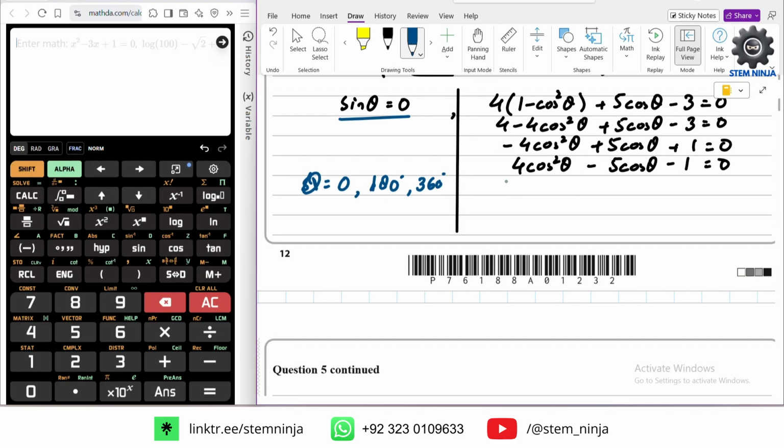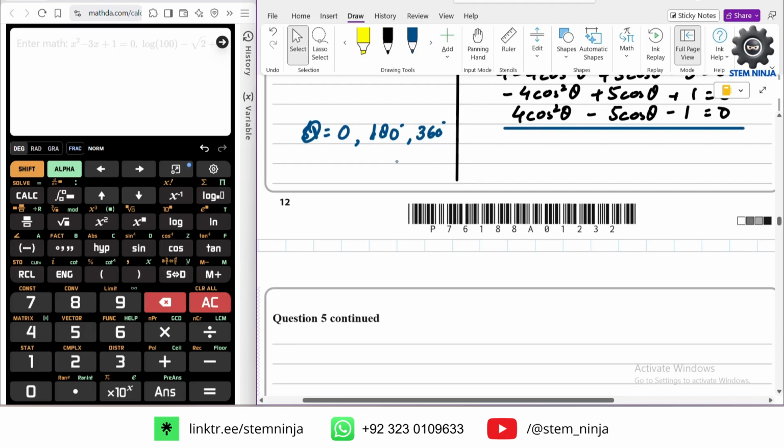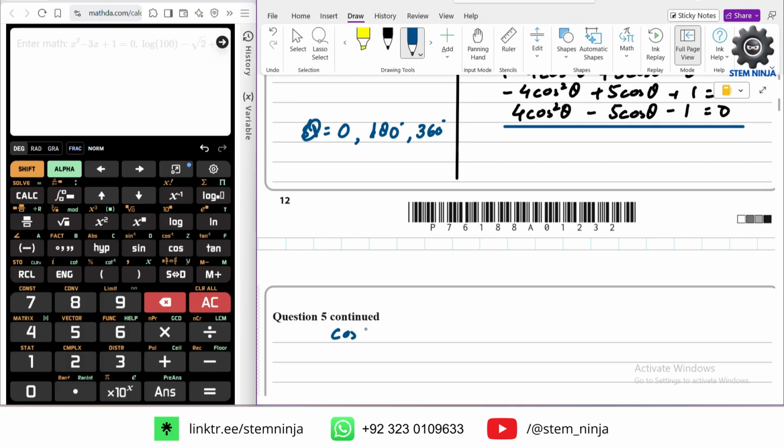So for this one, we need to solve the quadratic equation that it gives us. So for cos theta, because this cannot be done by sum product rule, you have minus b plus minus root of b squared minus 4ac, so minus 4 times 1 times, this is also negative, right, over 2 times 4.